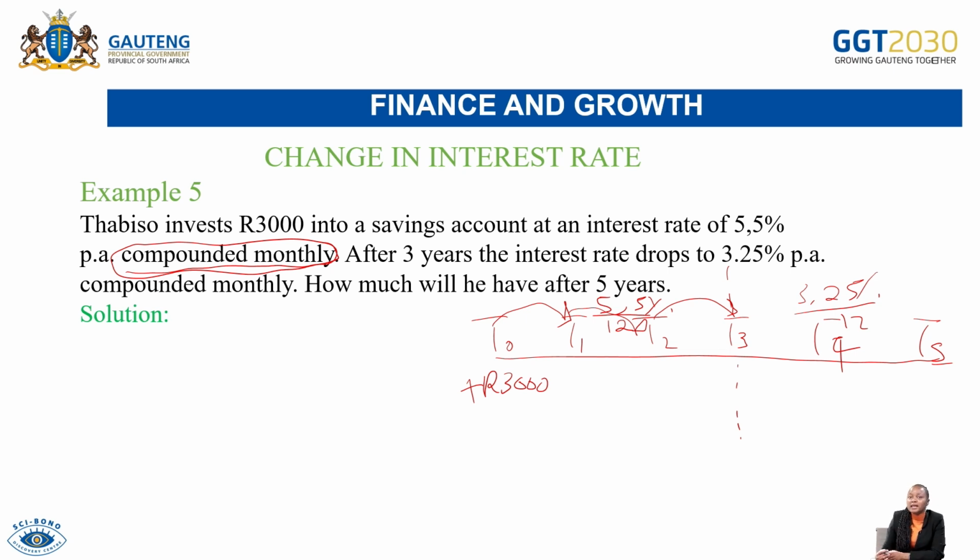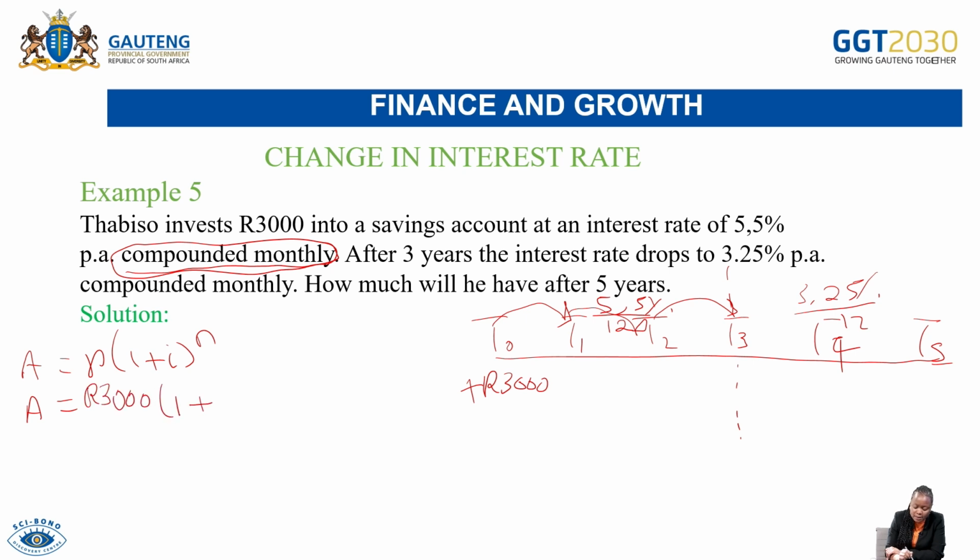So with the interest rate, you'll say A equals P into 1 plus i to the exponent n, right? Your A is the accumulated amount we are looking for. Your P is the amount that is invested. How much is invested in this case? It is 3,000, right?